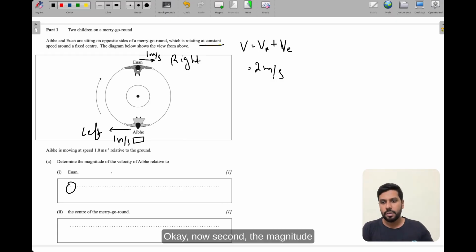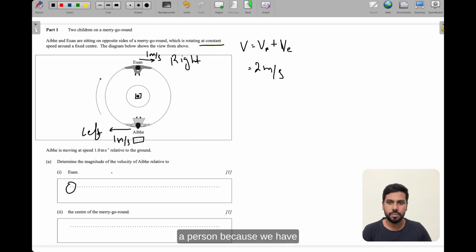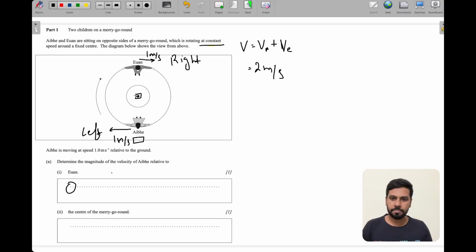Okay. Now, second, the magnitude of velocity of A with respect to the center of the merry-go-round. Let us say that you are sitting at the center of the merry-go-round, looking at Eon.